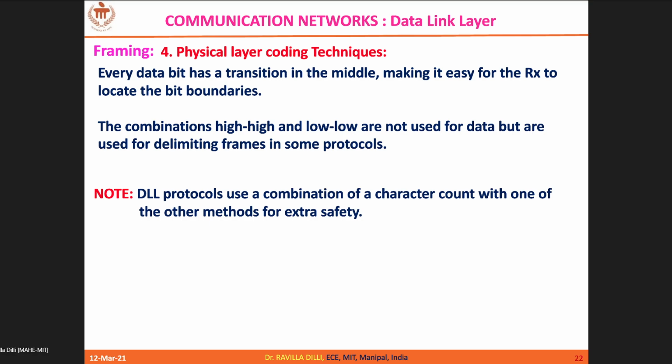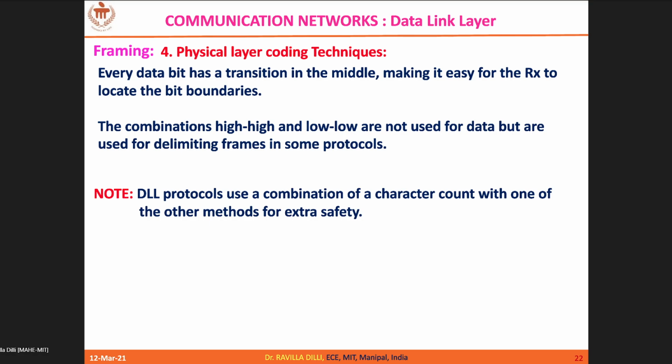In all the line coding techniques that we have discussed that provide synchronization, like return to zero, Manchester and differential Manchester, you go low to high or high to low in the given bit duration. So what you do is, instead of going from one state to another, you maintain the same state, meaning high to high or low to low. During the entire bit duration, you maintain the same level. That indicates the boundary of the frame.